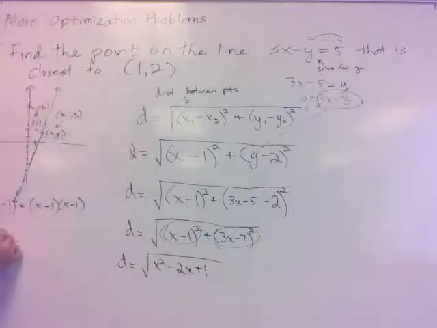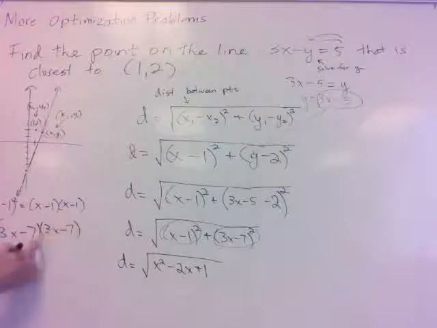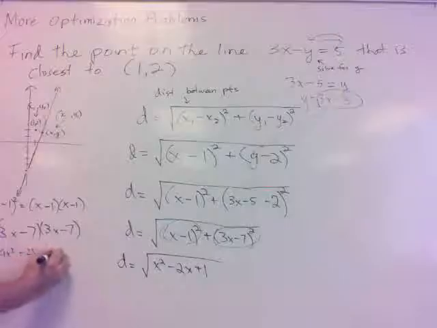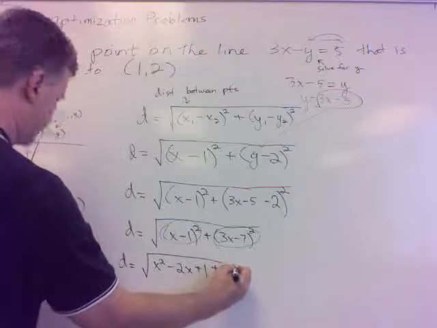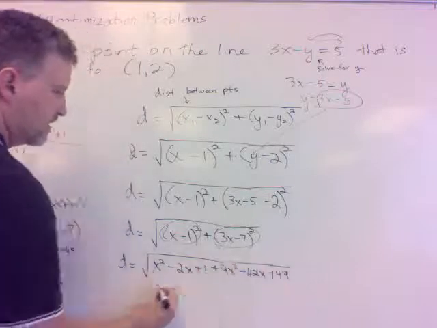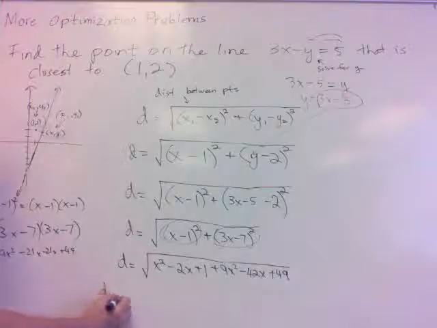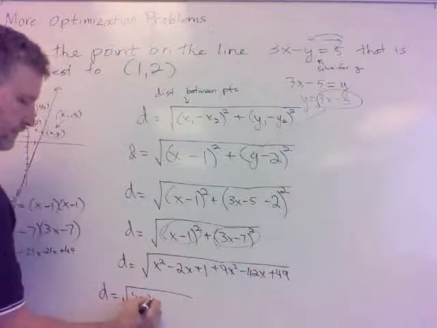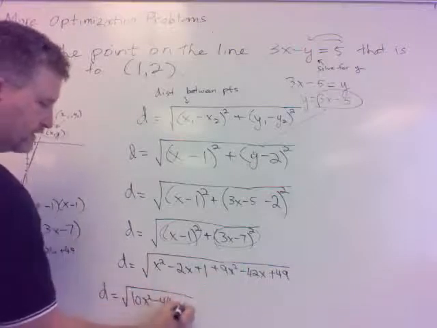And then the same thing for 3x minus 7. Do it twice. So that'll be 9x squared minus 21x, minus 21x, plus 49, so you get 9x squared minus 42x plus 49. And then you can combine like terms, which would be 10x squared minus 44x plus 50.